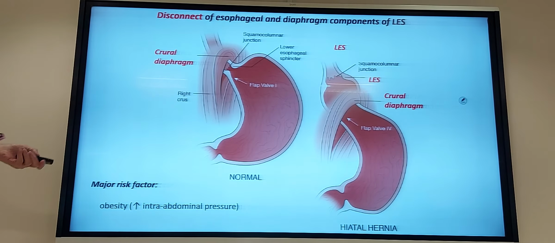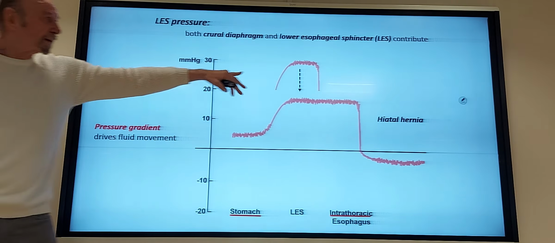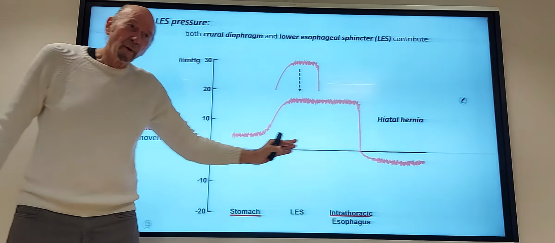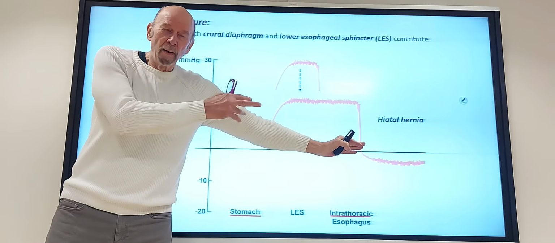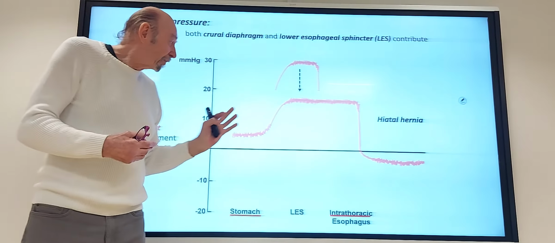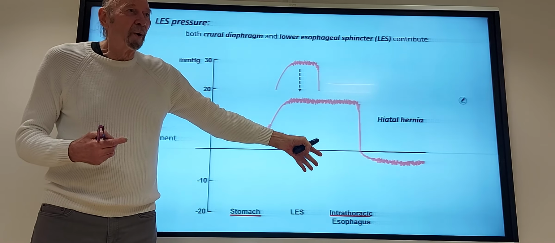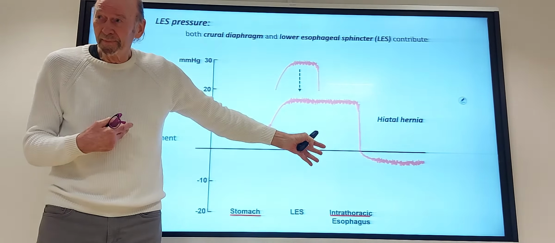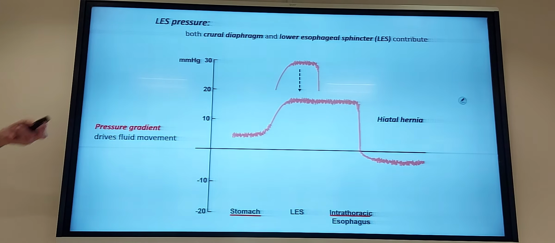So as a cartoon, basically you're going from this pressure to over a longer distance, but a much reduced pressure. The problem is you lower your lower esophageal sphincter pressure that way, right? Does this make sense to you? Okay, that's it. And so there's a tendency for reflux, okay?